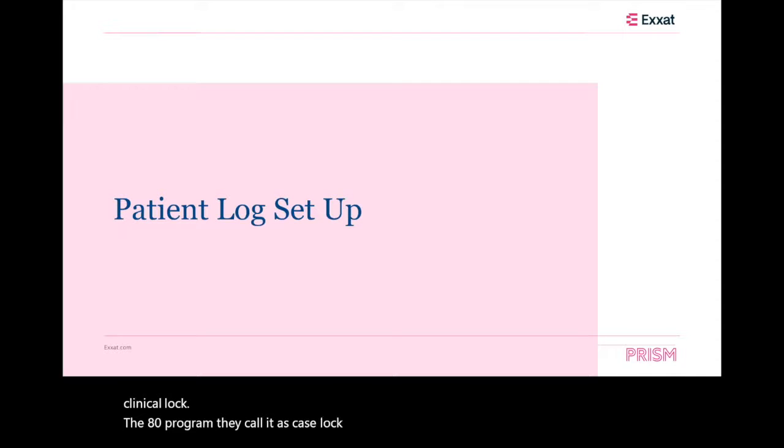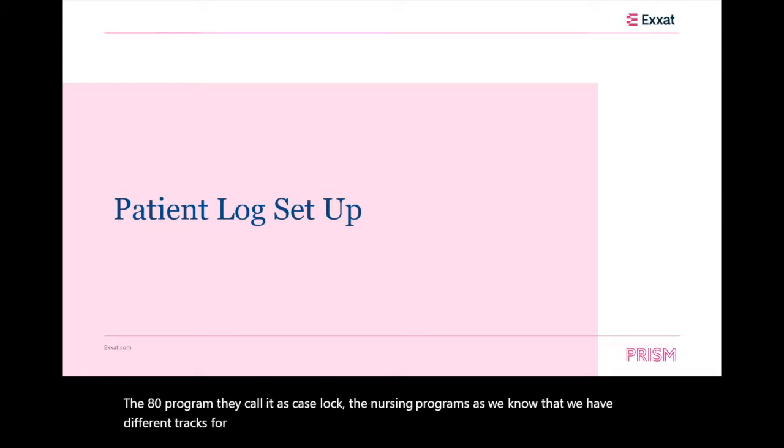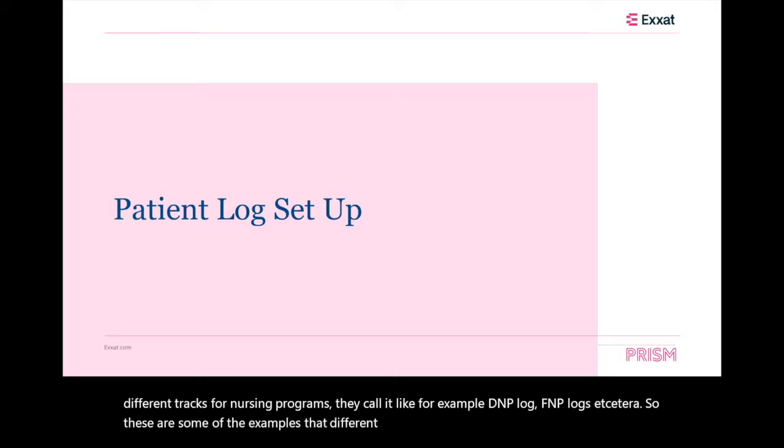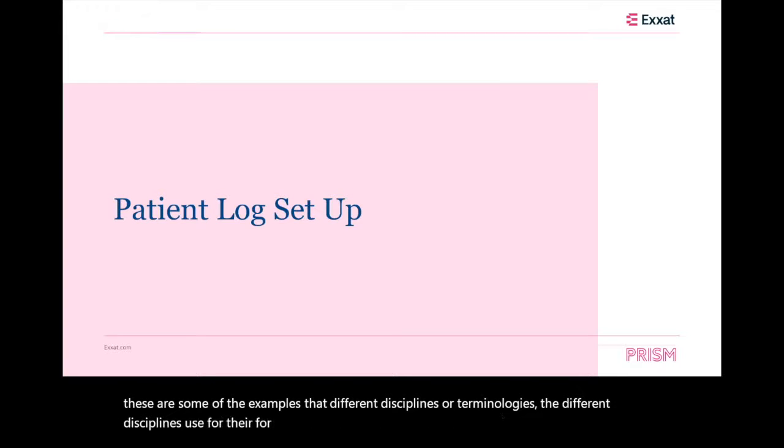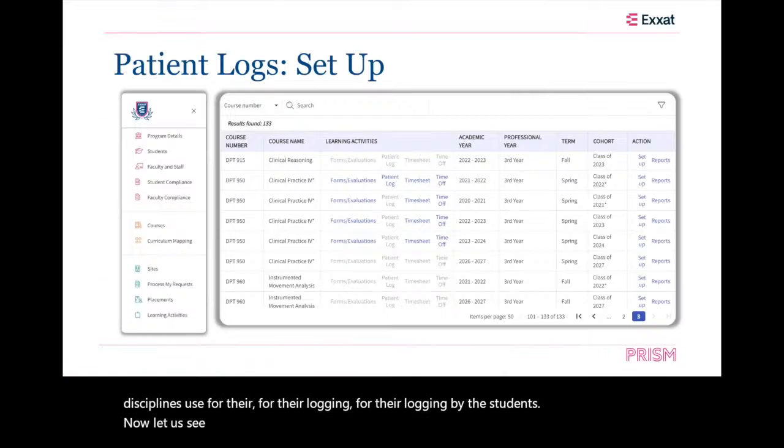The nursing programs, as we know, have different tracks, and they call it, for example, DNP logs, FNP logs, etc. These are some of the examples of the terminologies that different disciplines use for logging by the students. Now let's see how to set up the patient log in the system.